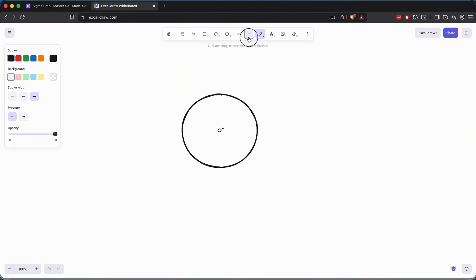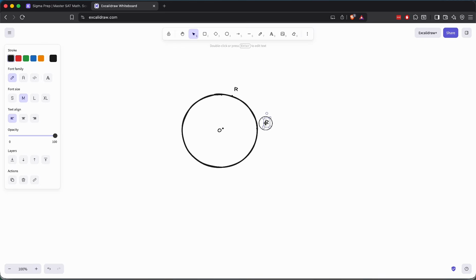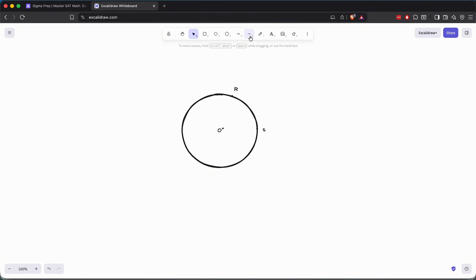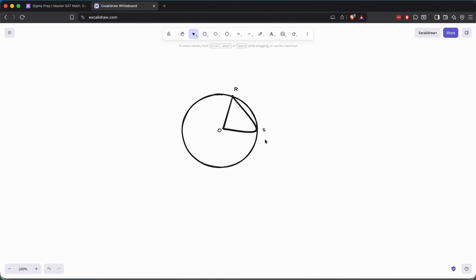Then we have two other points, point R and point S. So R over here, and let's put S over here. Then it said we have a triangle ORS, so I connect these, then connect this one to S, and finally connect this to R. So that's our triangle. Rough looking sketch, but that's okay.